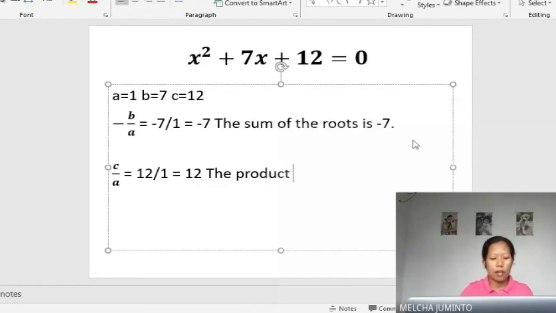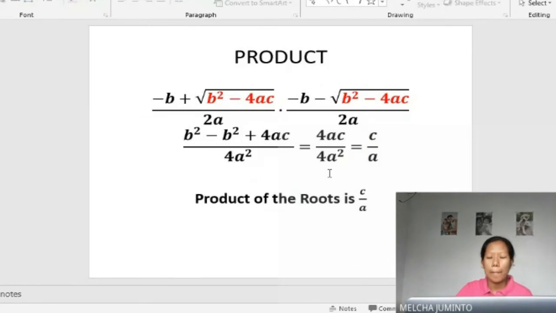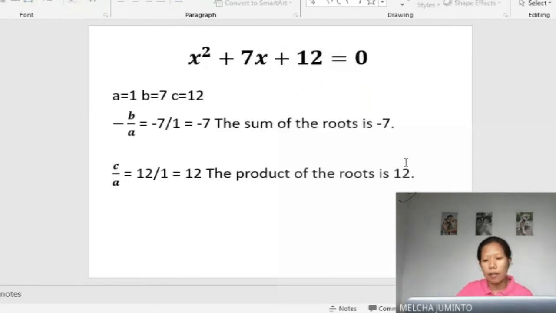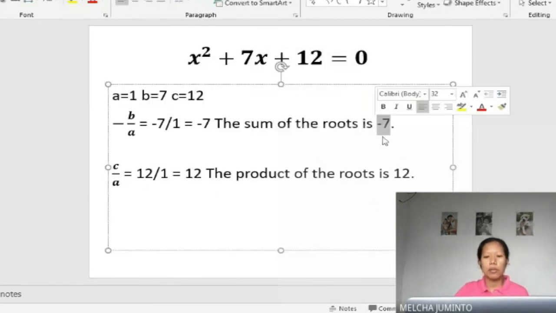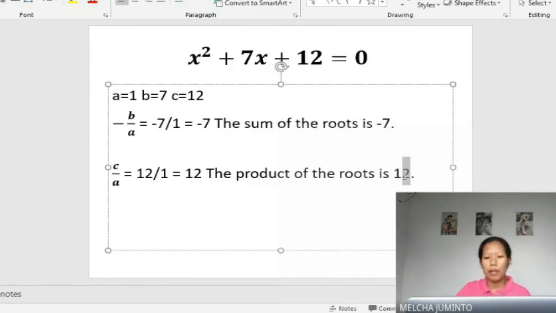The product of the roots is 12. So even without solving for the roots, which are negative 4 and negative 3, by simply looking at the sum and the product, we can determine the roots. The sum is negative 7, the product is 12.